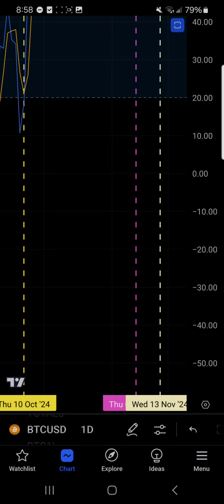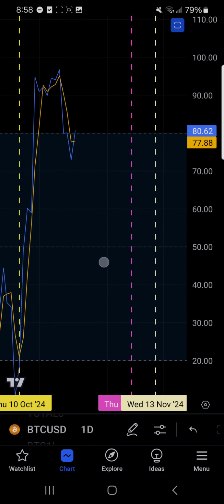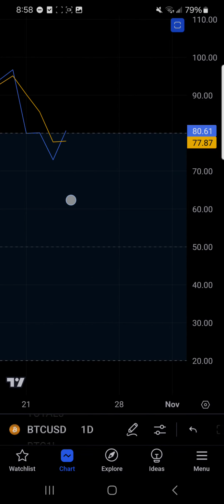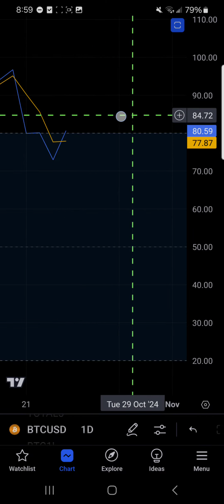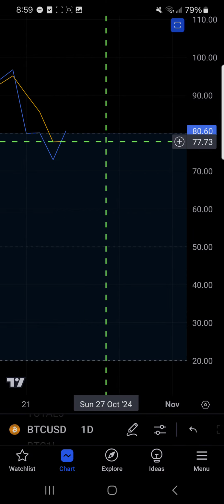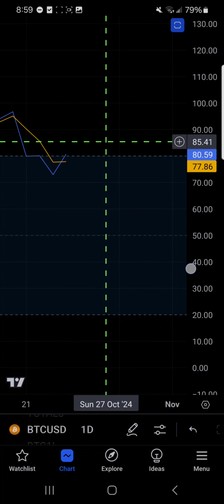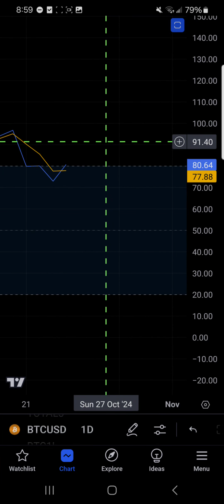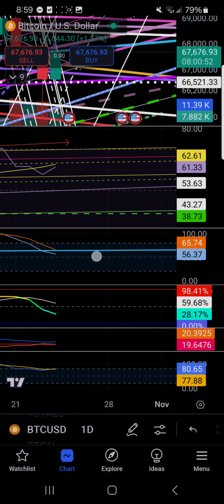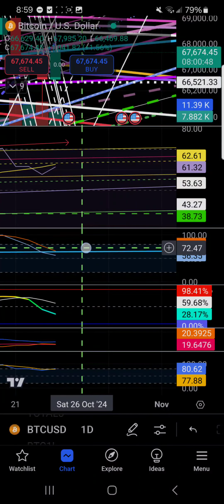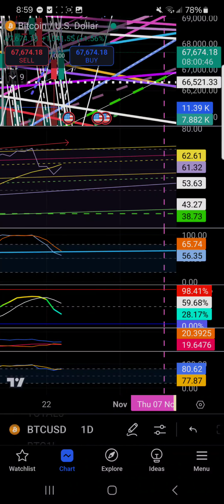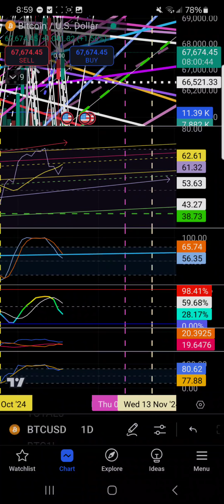Let's open him up and see exactly what he's doing. Yeah, look at that. See, he's crossing back up above the 80, which is good. This guy's turning back upwards above the 50% line. So all that's good. This is on the daily time frame.